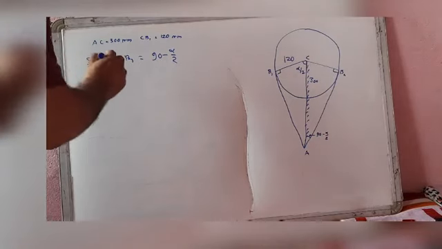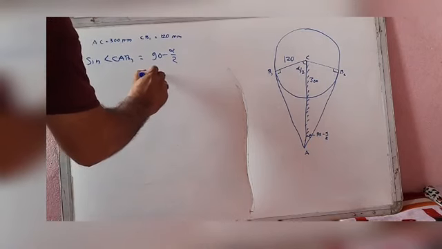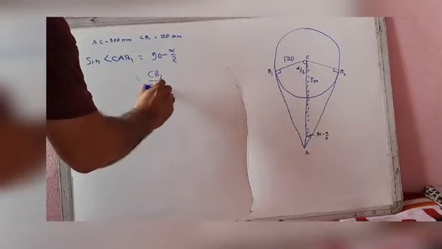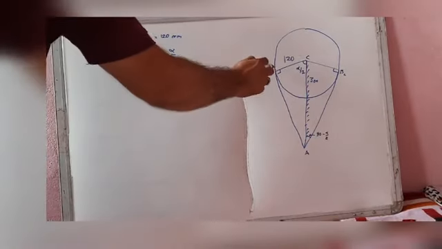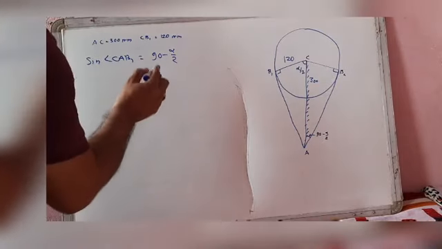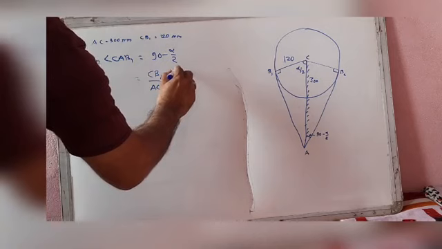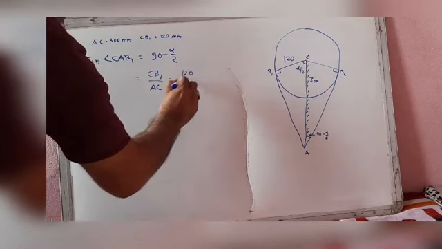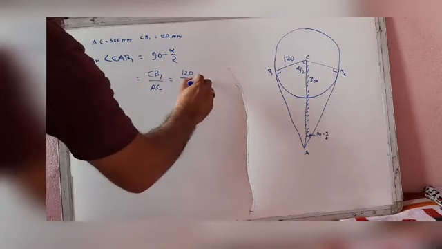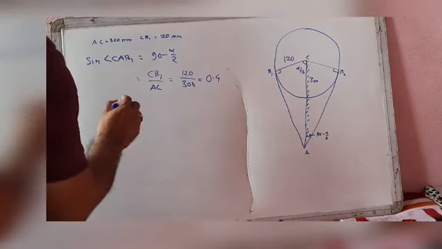Now that is also equal to CB1 by AC, which is 120 divided by 300. This value comes to 0.4.